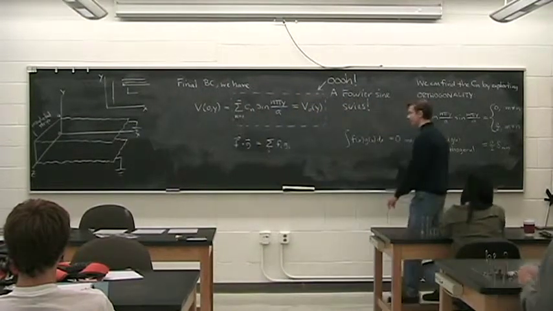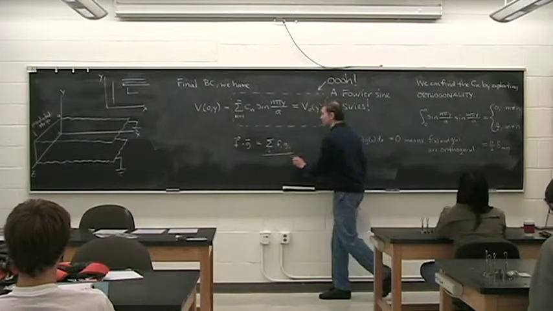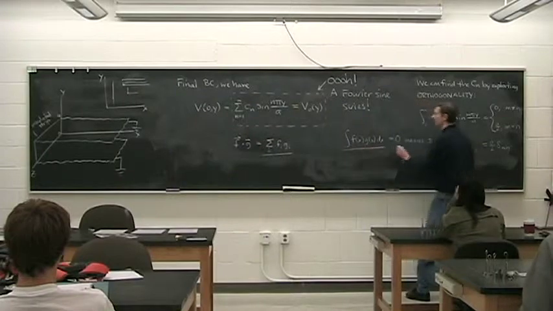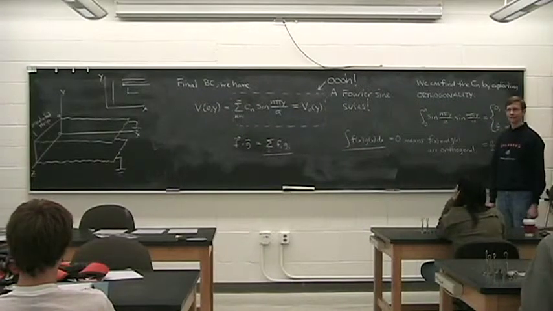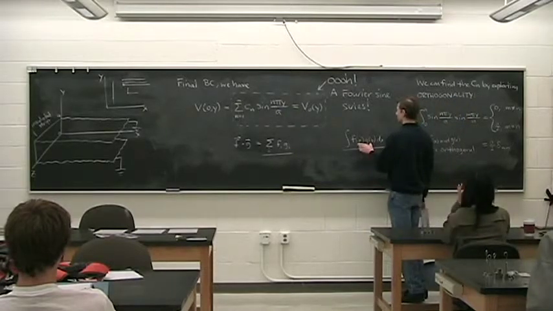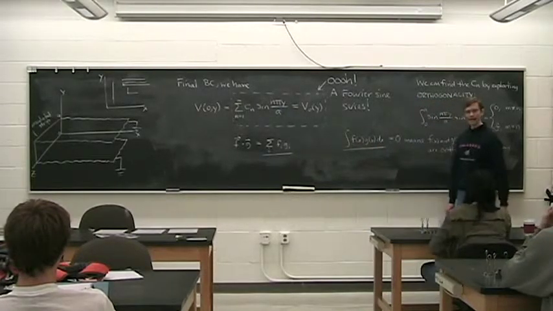Well, note the similarity between this expression, the sum of the f_i g_i, the sum of the components, and this expression, the integral of f(x) g(x) dx. In both cases, you can think of yourself as multiplying components together and adding them.